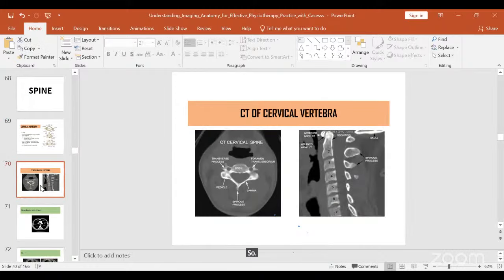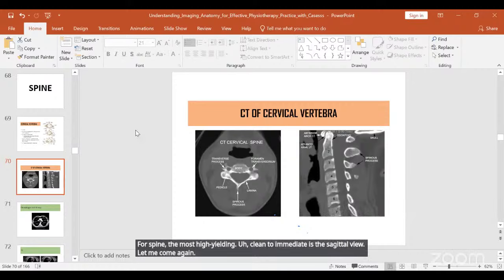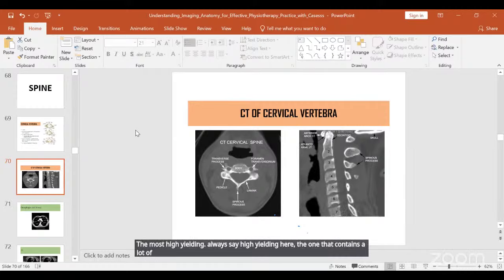Let's not discuss ourselves. We all know the uniqueness about spine anatomy. For spine, the most high yielding plane to image it is the sagittal view. When we say high yielding here in radiology, the one that contains a lot of information is the sagittal view.